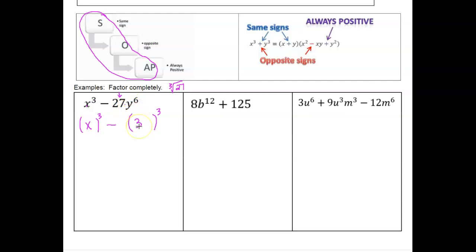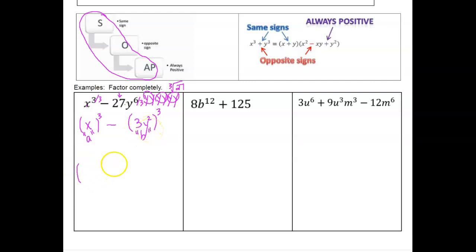So that's 3. And then y to the 6. This gets a little harder. If you want, you can write out all 6 of them, and then you need to split them up into 3 groups. So you think, oh, well, I need to have 2 in each group. Now, the shortcut is going to be to divide the exponent by 3 because you are splitting them up into 3 equivalent groups. All right, and so this is our A, x, and this is our B, 3y squared.